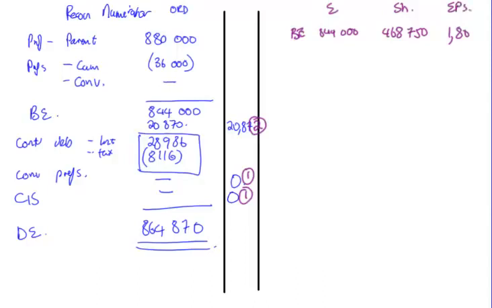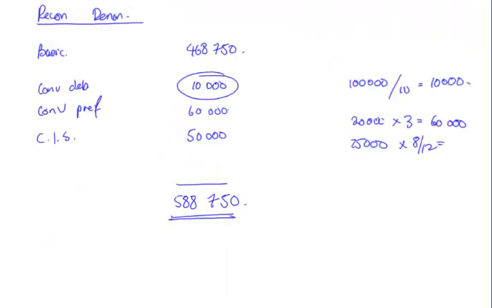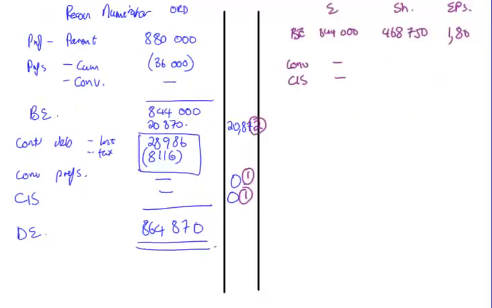Then if I take the two that rank number 1, the convertible debentures and the contingently issuables, my earnings doesn't go up, but the number of shares goes up by 60 and 50, which, if we calculate this now, I've got 844. This is going to be 578,750.